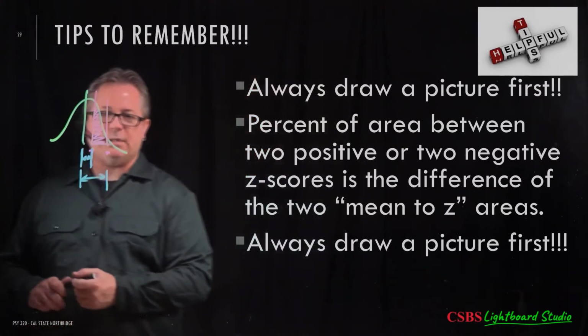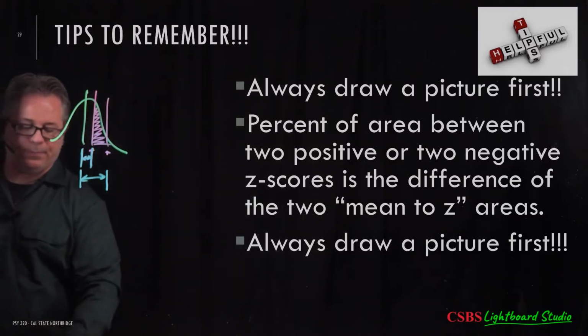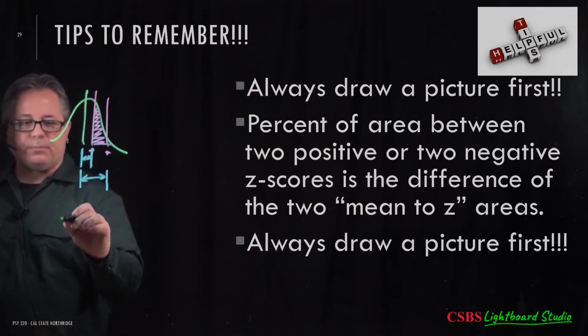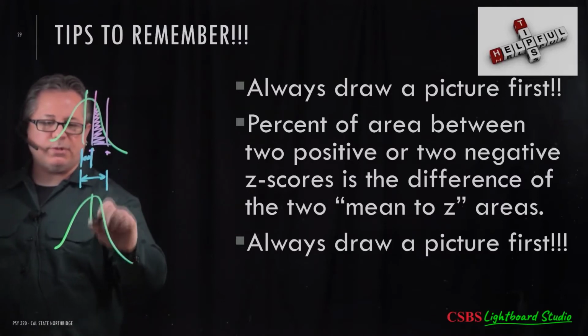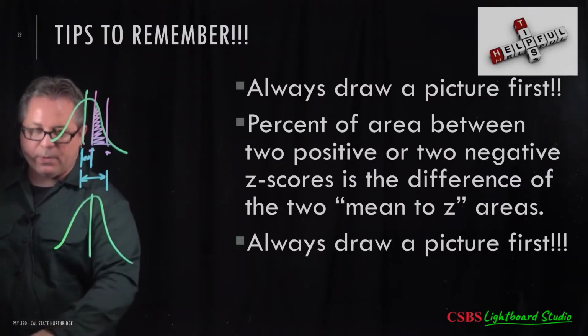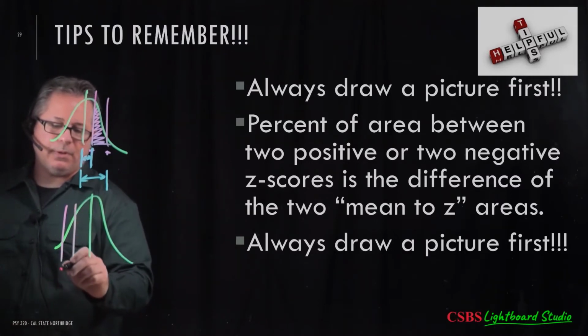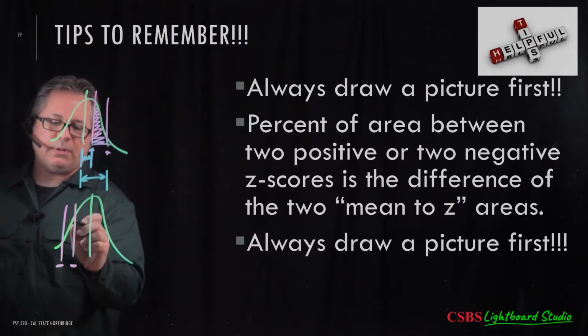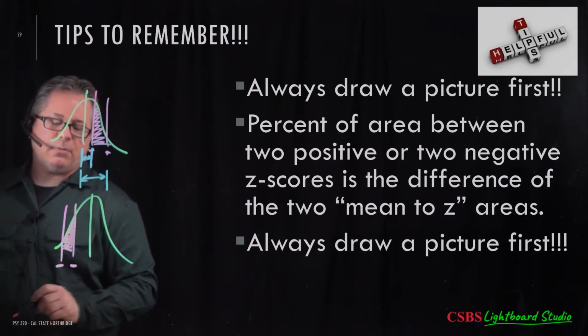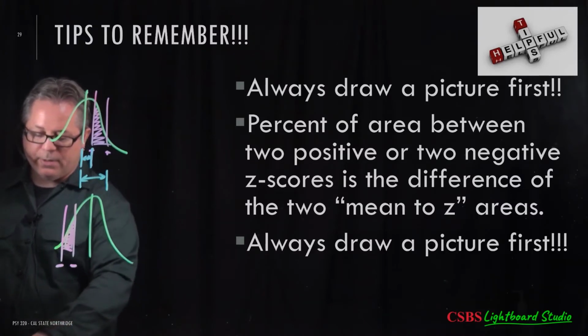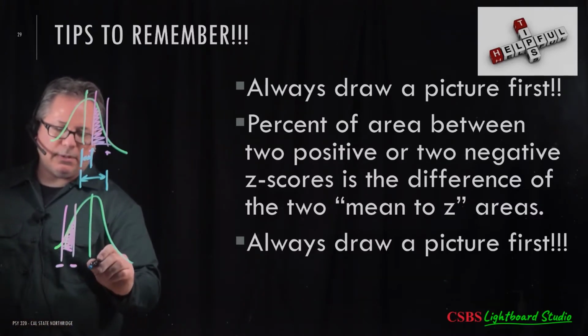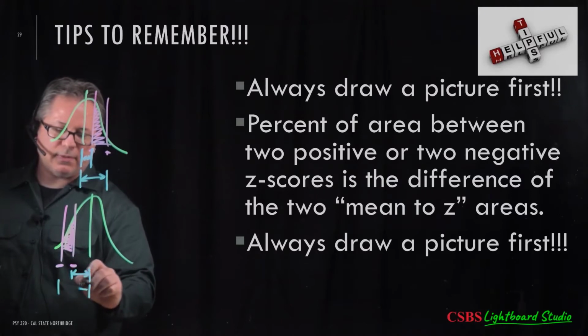So in the same way, just to be complete here, if I have the same or a similar distribution and I want to look at two negative numbers, say this one and that one, a negative number and a negative number, and I want the area between the two of them, well, I can find the area from the mean to this one, find this area, and the area from the mean to this one, find that area.